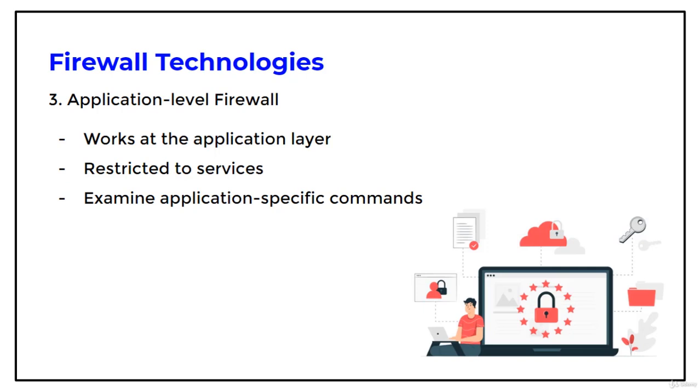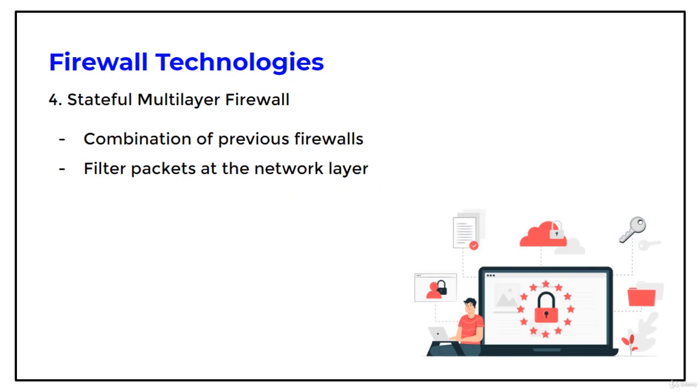It also asks for the user ID and a password that is required to access the service of the application gateway. And step 3, after verifying the authenticity of the user, the application gateway accesses the remote host on behalf of the user to deliver the packets. And as the name suggests, the application level gateway or application layer firewall works at the application layer.